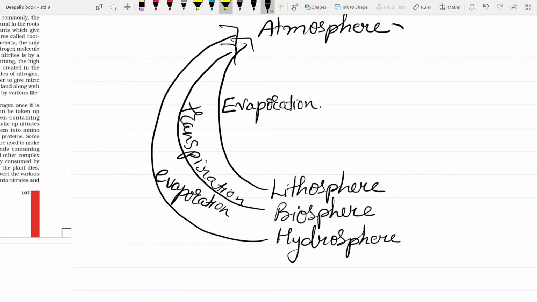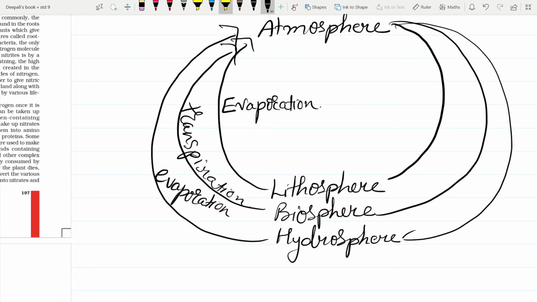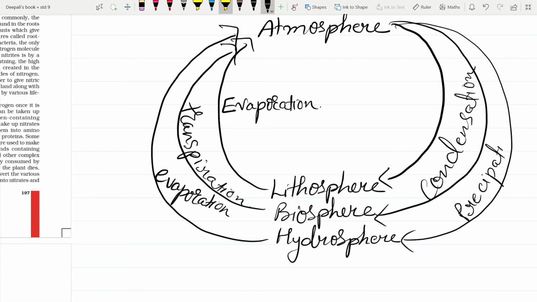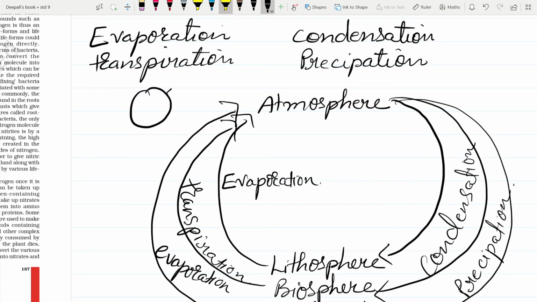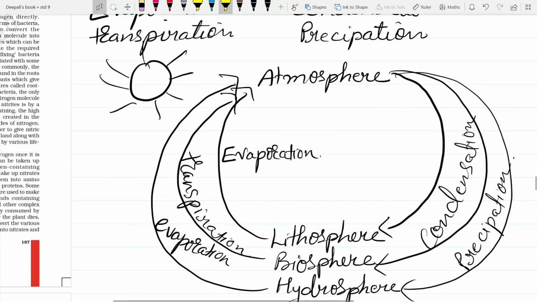Now in the atmosphere, through condensation and precipitation, it comes back to the lithosphere and biosphere and hydrosphere with the help of the sun's heat. This is your water cycle.